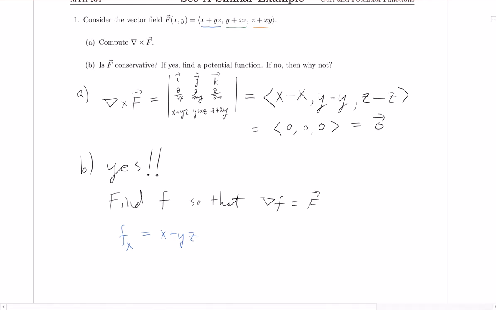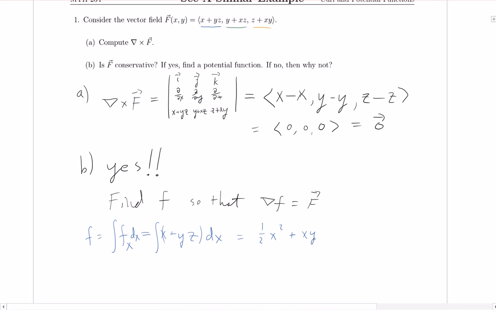So if we want to find f, we just integrate with respect to x. And what do we get? If we integrate x, we get 1/2 x squared. And yz is just a constant since we're integrating with respect to x.